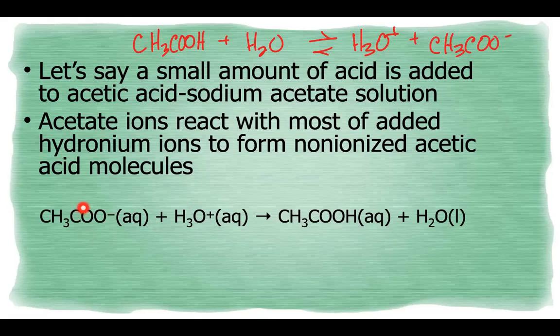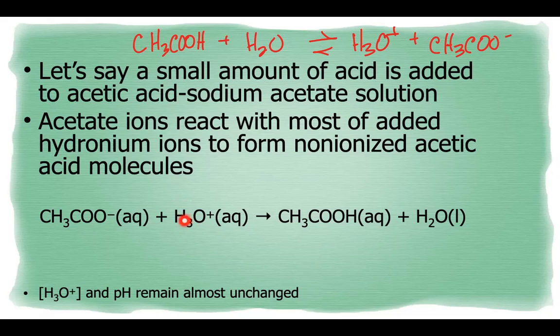So you've got the reverse reaction happening, right? You've added acid, which increases the concentration of this. Acetate reacts with this to form non-ionized acetic acid. So even though you originally added more hydronium, which you would think would decrease pH, the equilibrium is going to shift. If we just look at it on a pure Le Chatelier level, if you add acid, you are increasing the concentration of hydronium, which initially might lower pH.